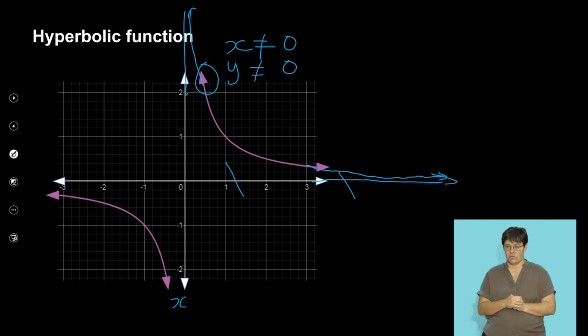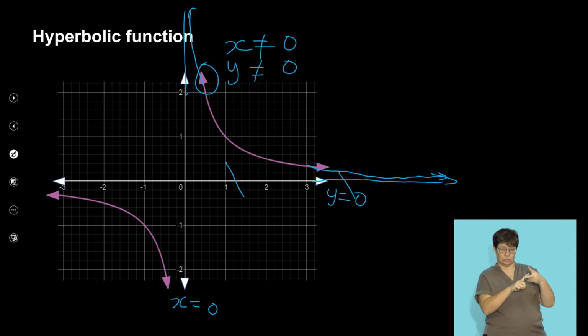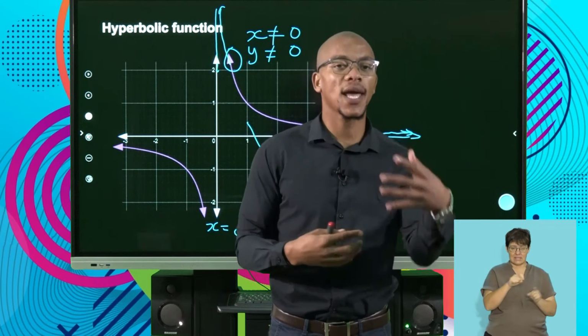So on the y-axis, this is x equal to 0. And then it cannot cross the x-axis. That's where y is equal to 0. So if the question says to you, state the 2 equations of the asymptotes for this graph, you will then say x equal to 0, y equal to 0.